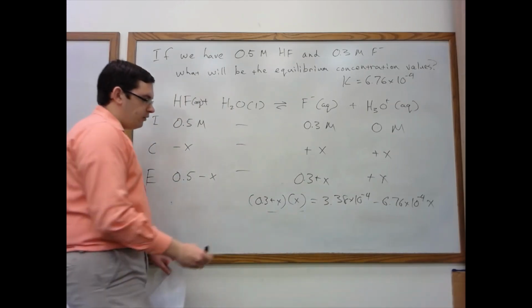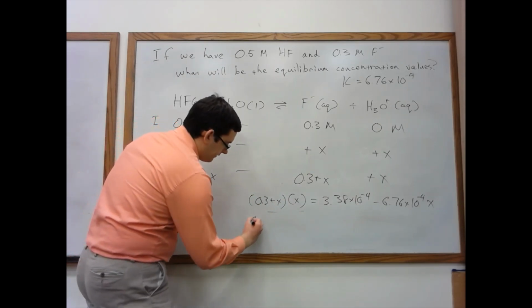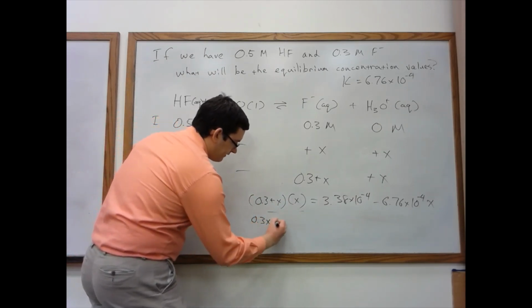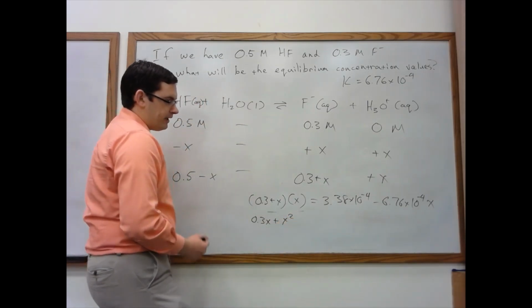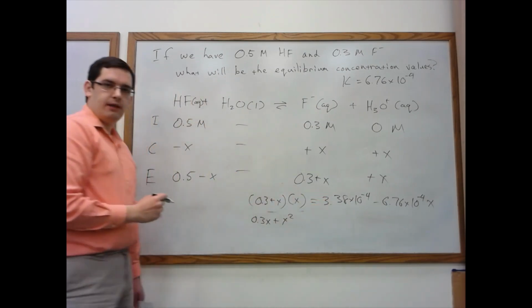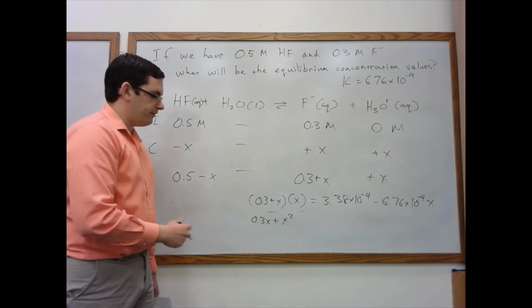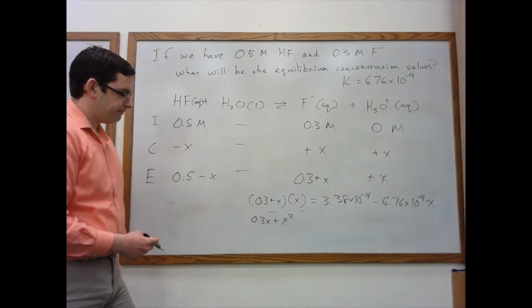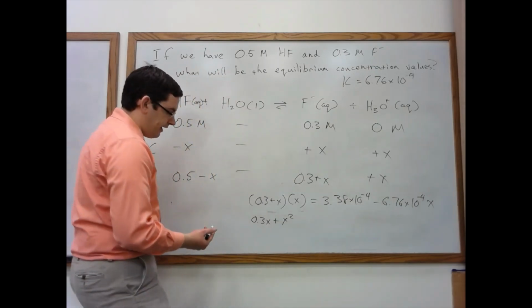Now we can multiply X by each of our individual terms here to simplify on this side. So we have 0.3x plus x squared. And now we can add our components from the right side to the left side in order to get our equation that we'll use to solve the quadratic formula. So we add 6.76 times 10 to the negative fourth x.